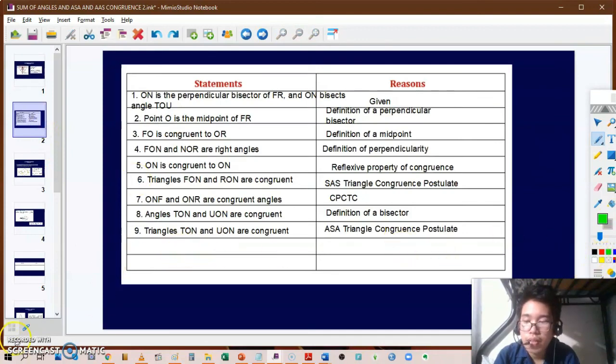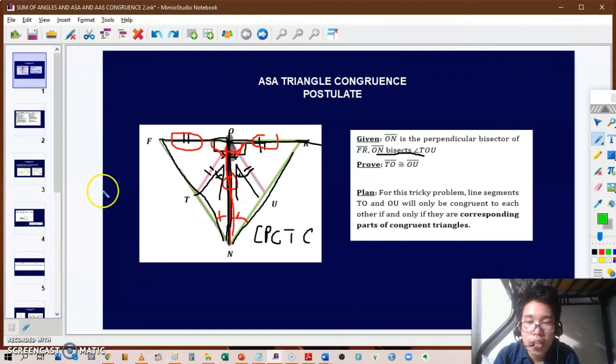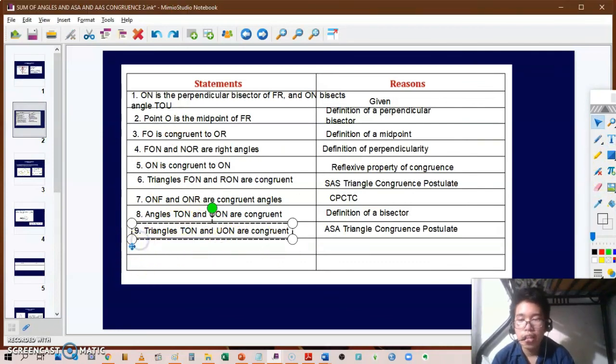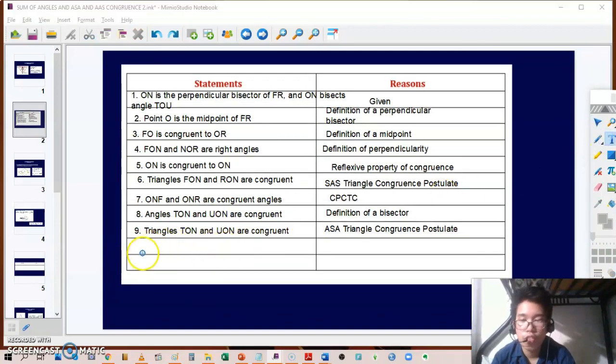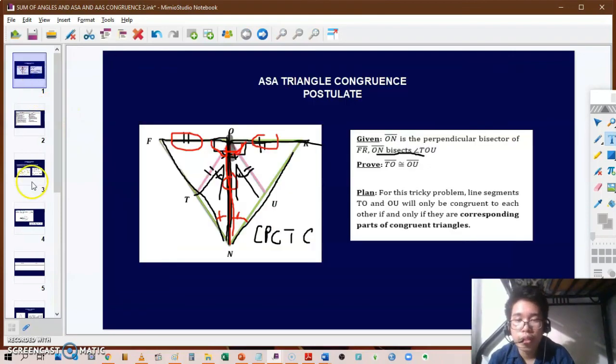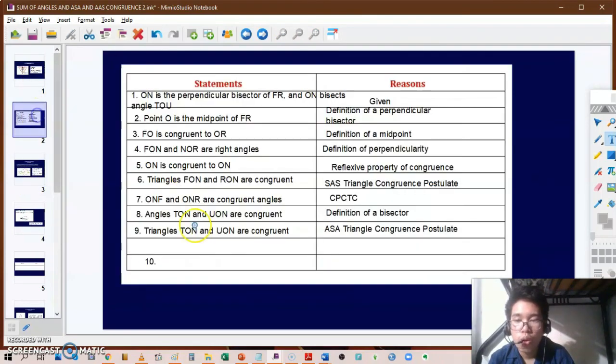Since we've established that triangles TON and UON are congruent, finally we can say with confidence, number 10, what we want to prove here: TO is congruent to OU.